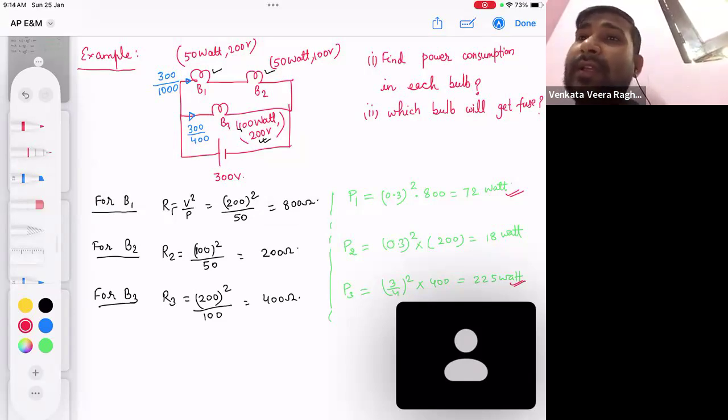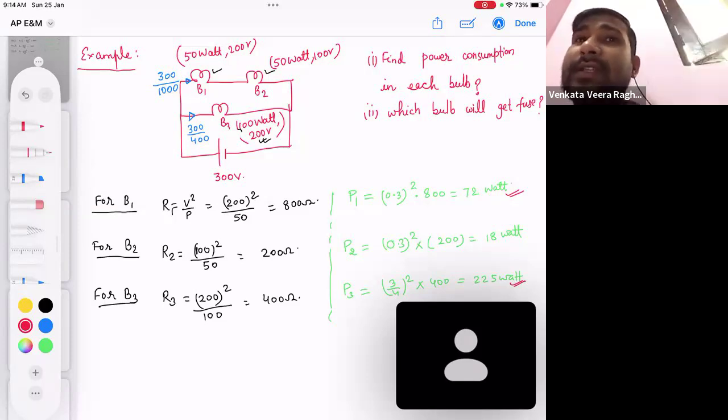So here what happened? B2 is safe. B2 did not get fused, right? B2 power consumption is still less than the rated power. But why is it not giving us any power? Why is it not glowing? The simple reason is that B2 is in series connection with B1. So if B1 gets fused, what will happen?